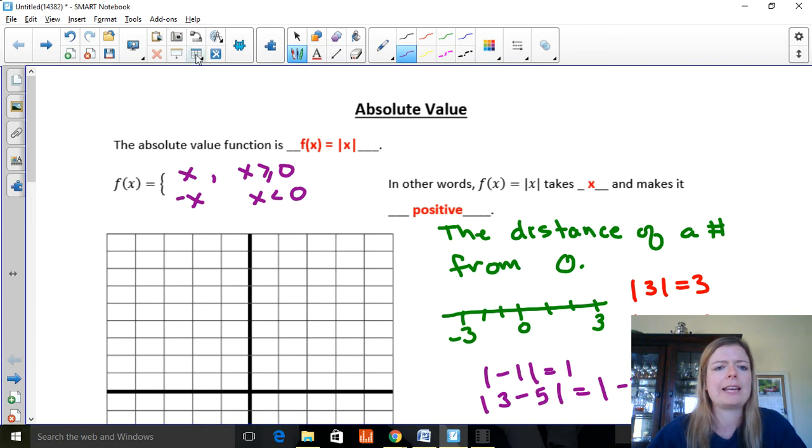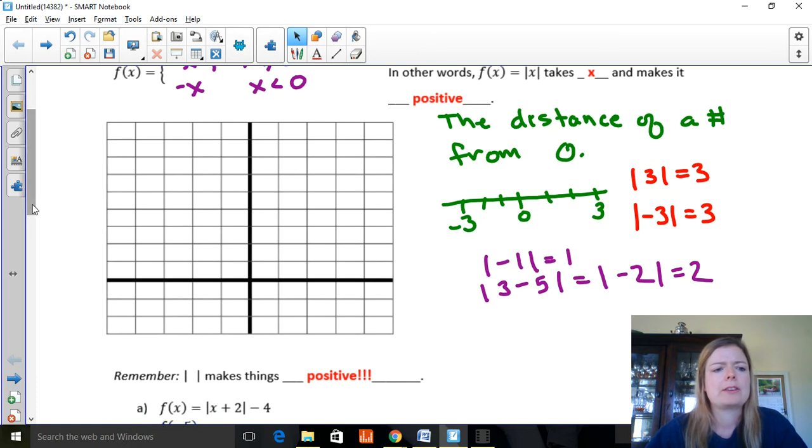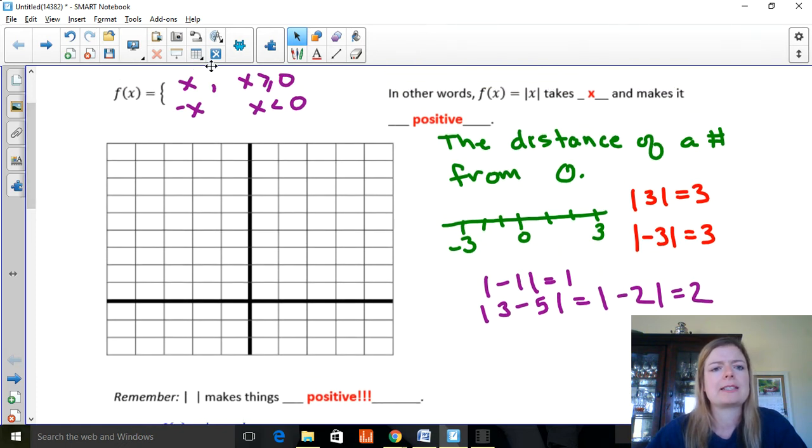So let's think about that in terms of what the graph would look like. If x is positive, then f(x) is just equal to x. So the absolute value of 0 is just 0. The absolute value of 1 is just 1. The absolute value of 2 is 2.